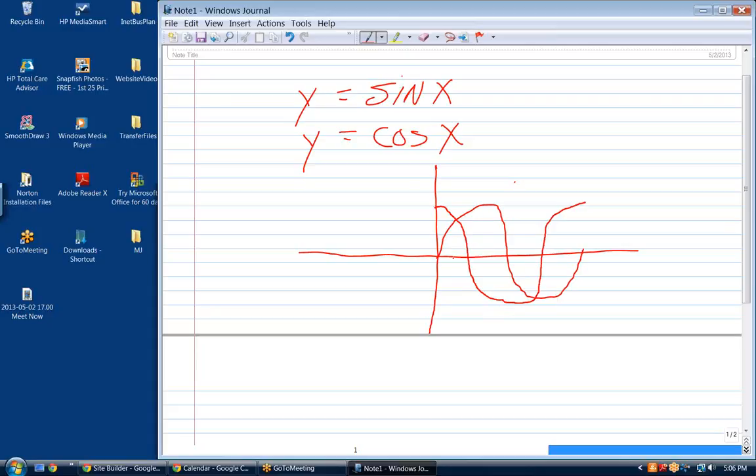Here's pi over 4, their intersection, where they're equal to one another. They want to take this region right here and revolve it around y equals -1.